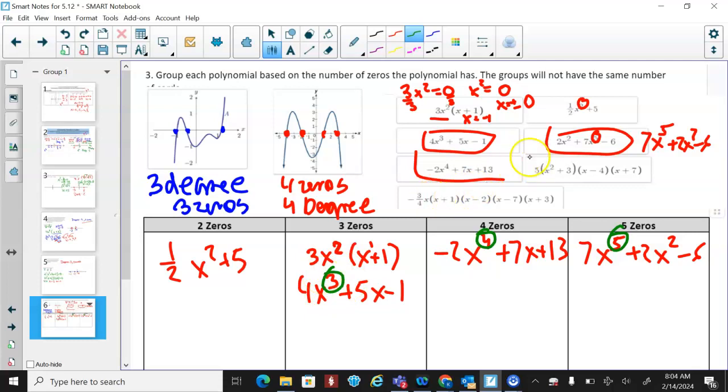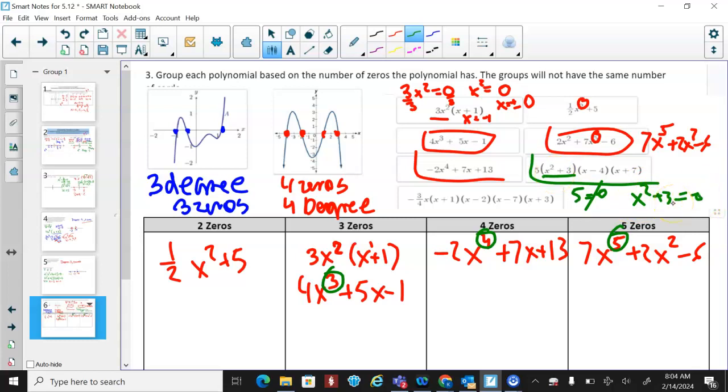Now, this one right here is a little bit more difficult. But again, if I set it equal to 0, I would set each factor equal to 0. So 5 equal to 0 does not exist. x squared plus 3 equals 0 would give me 2 answers.